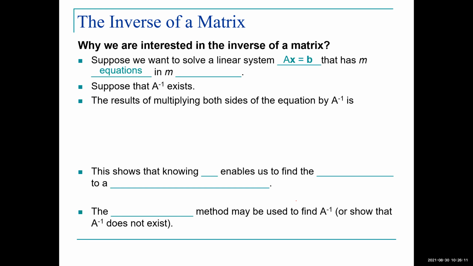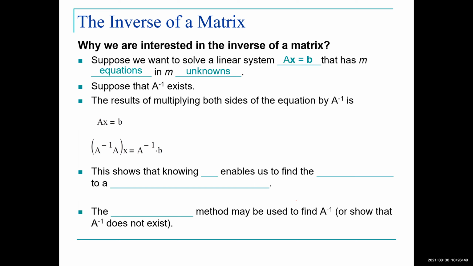So we have M equations in M unknowns, right? So this is a square matrix. Suppose that A inverse exists. The result of multiplying both sides of the equation by A^-1, or the inverse, equals the following. So we start with the original linear equations, AX equals B. If we multiply both sides by the inverse, we're multiplying here A inverse by A, and on the right-hand side, we're multiplying A inverse by vector B, right?